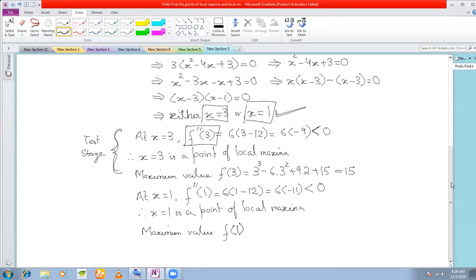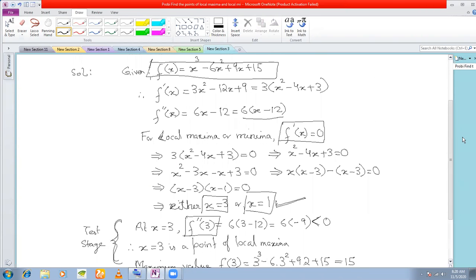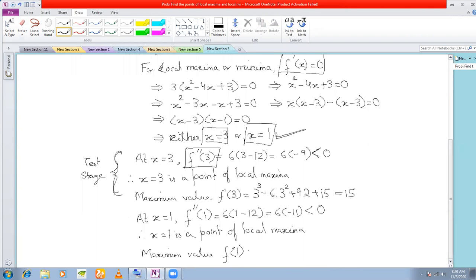And what is f(1) here? 1 cube minus 6 into 1 square plus 9 into 1 plus 15. And that comes out to be 19. Clear? We'll take another problem in order to illustrate this.